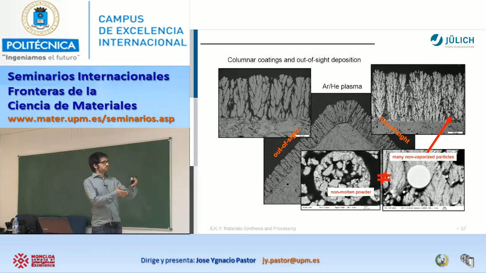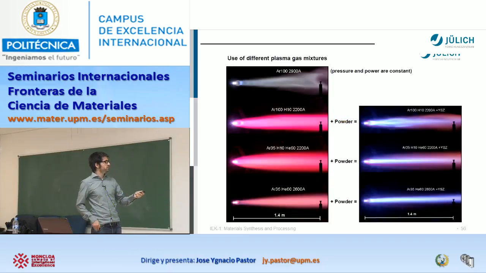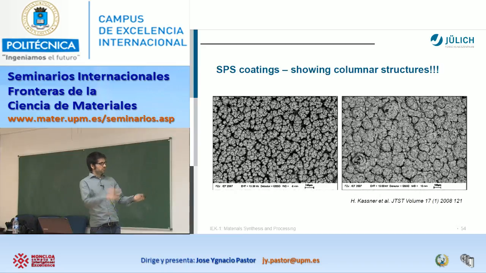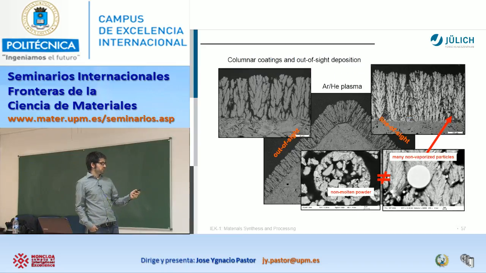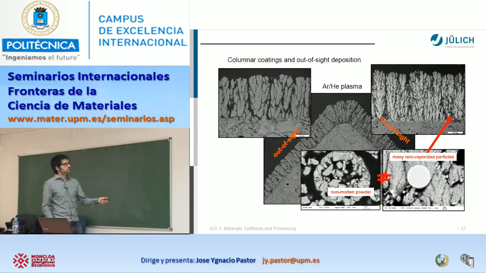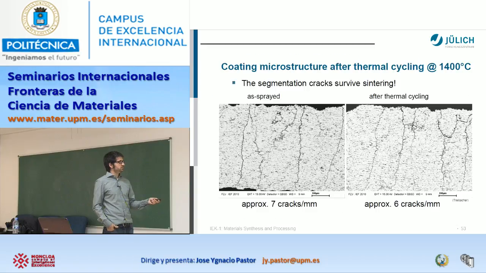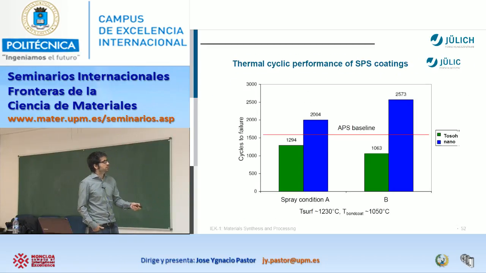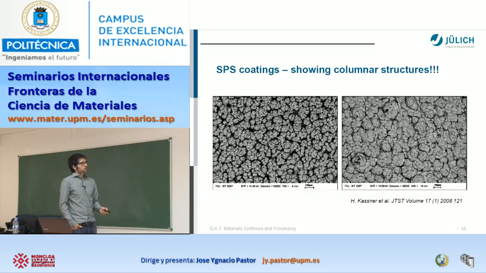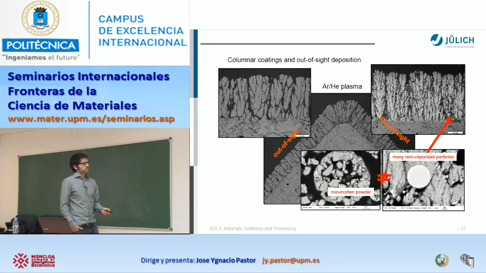As I told you, this is the cross section. Here we saw the top, and this one is the cross section. And with that one, what we can create is these columnar structures that present really good properties for this thermal cycle process, much better than the classical one.